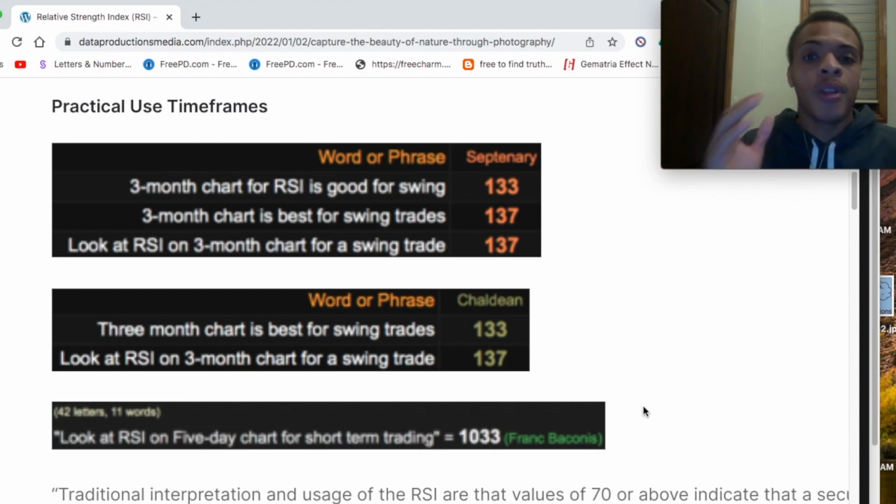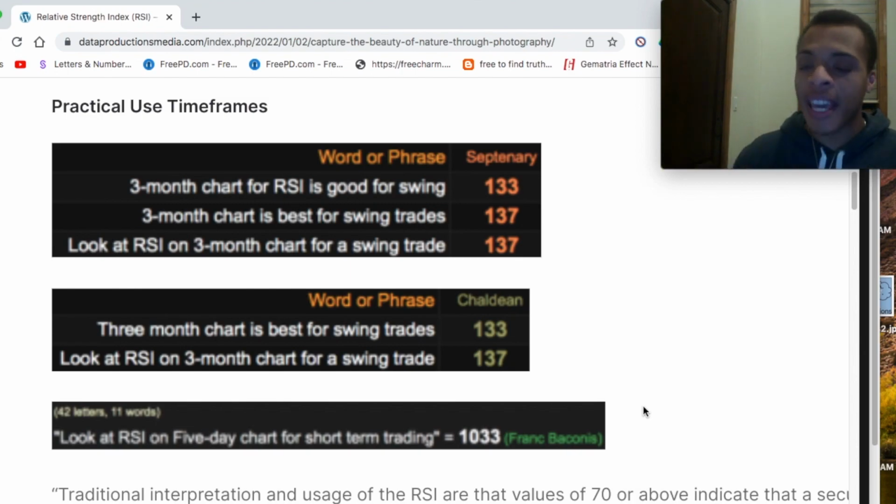It just depends on the frequency that you enjoy or you like to systematically use within the financial markets, right? So for me, again, on Data Productions Media, we are swing to long-term traders. At least how I play the game and how I'm going to teach the game, because that's what I know best. Again, you can use it for day trading as well.